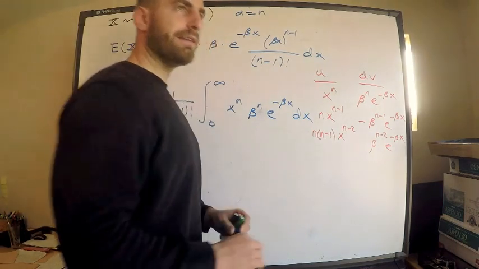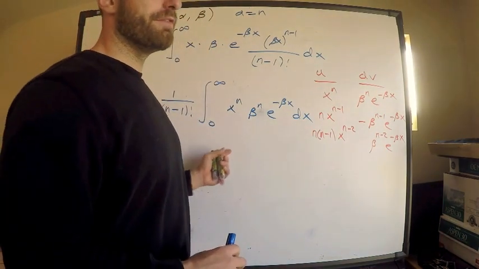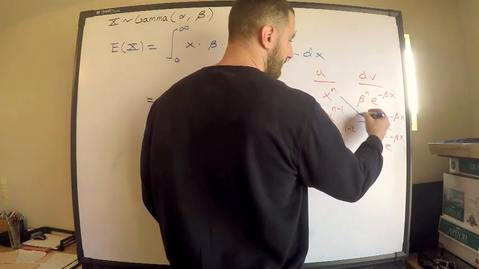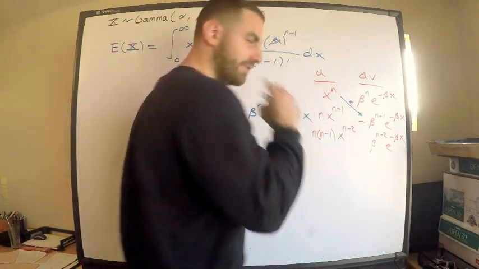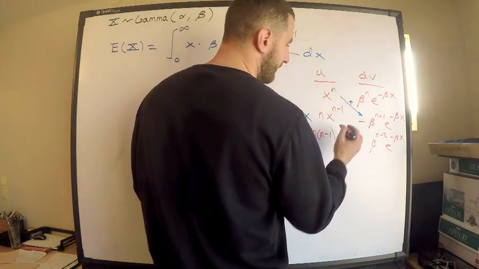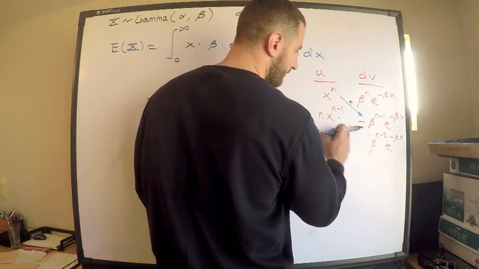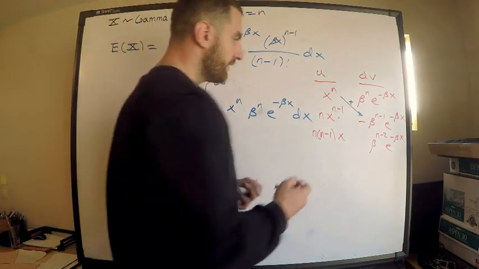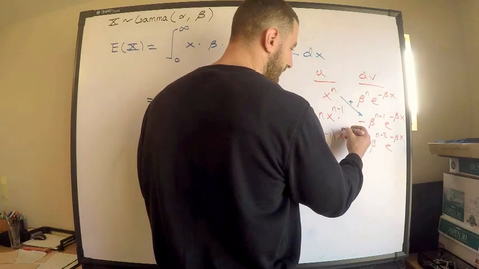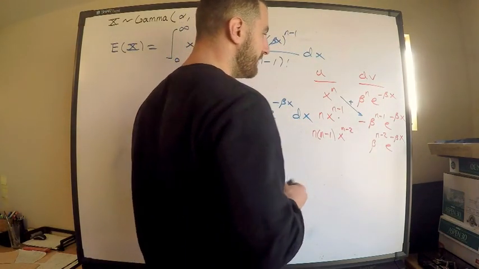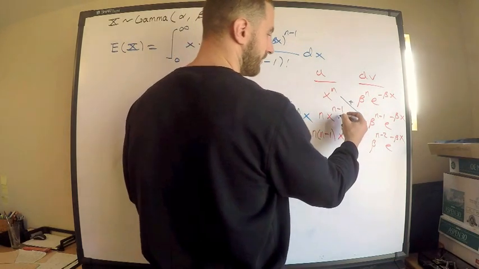Now to actually write down the antiderivative of this, what are we going to do? We're going to take this, and we're going to go plus. This is just how the tabular method works. Then I'm going to take this piece, running out of room already. You just go diagonal with each of these. Now the next thing I do is take this piece and alternate plus, minus, plus, minus.